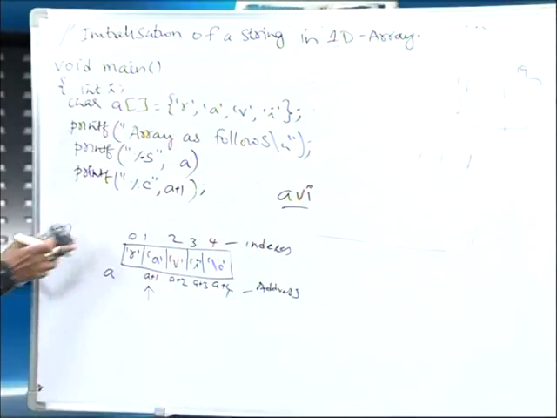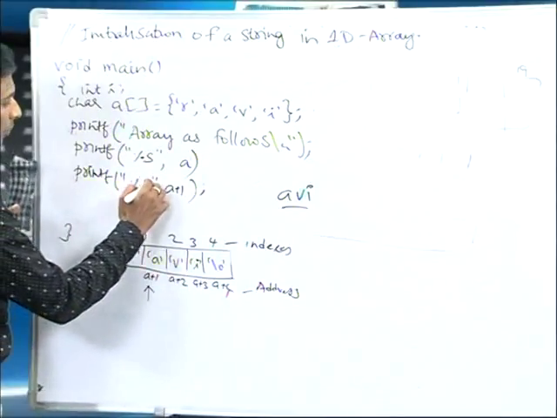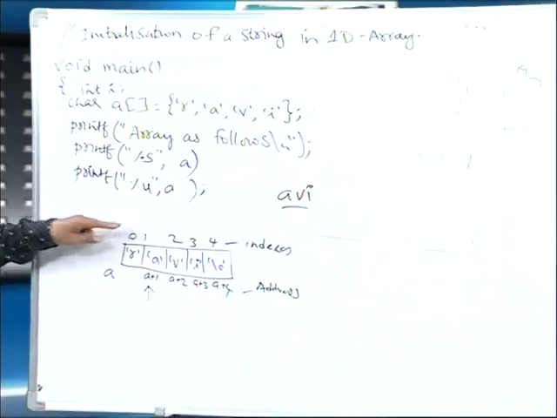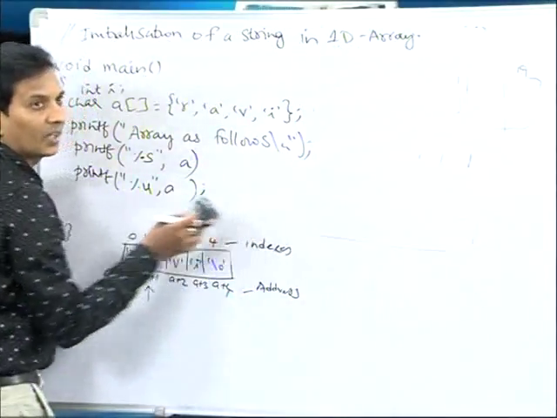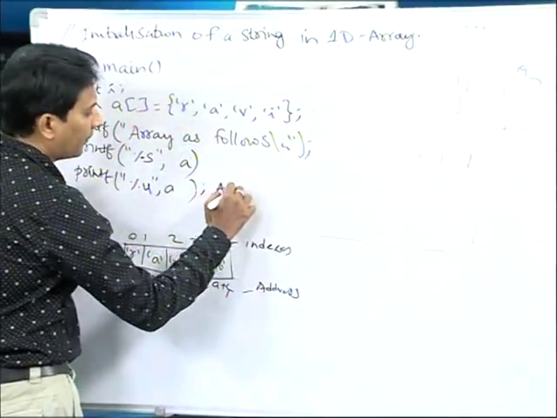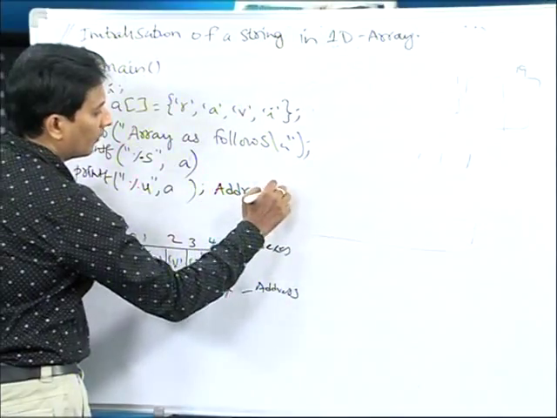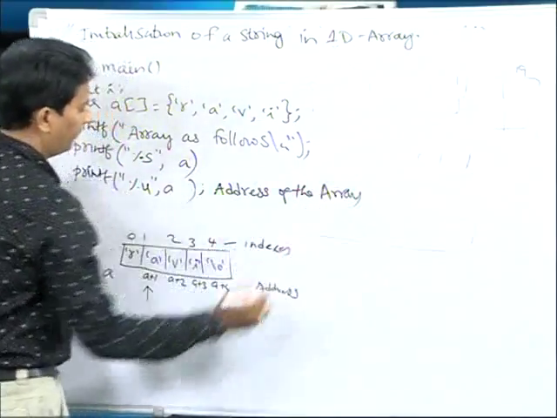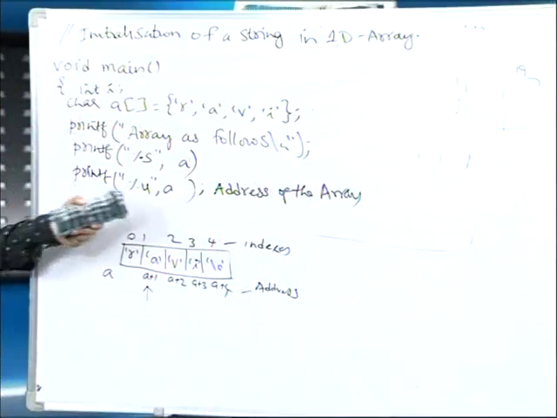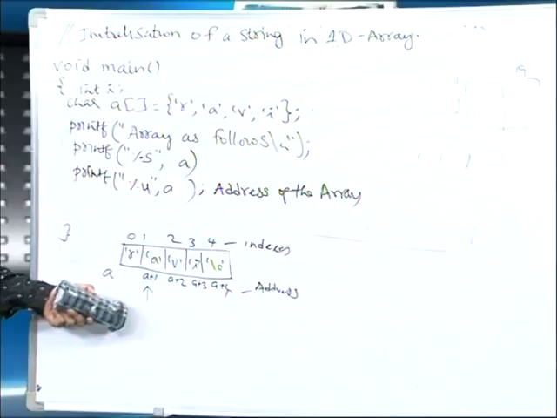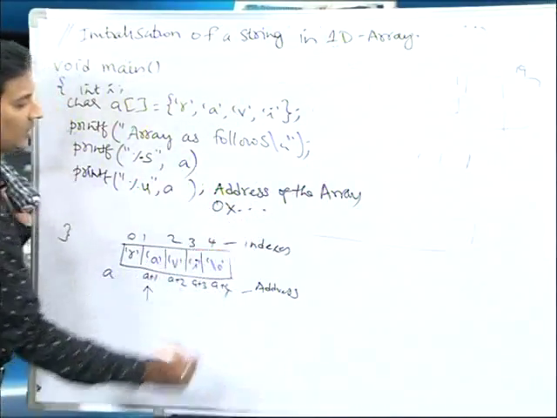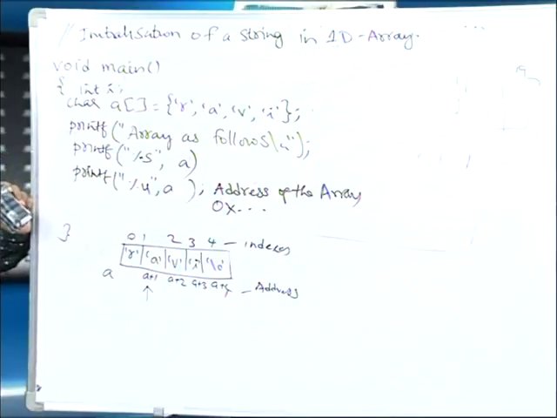If you write percentile u and a, it displays the address of the string array. Generally addresses are represented in hexadecimal form.